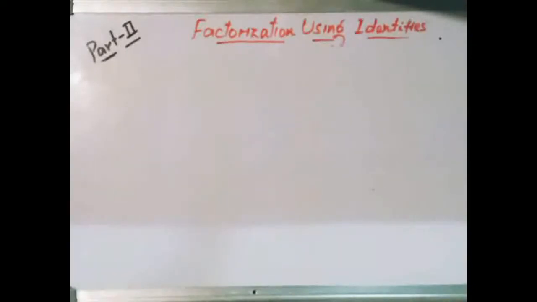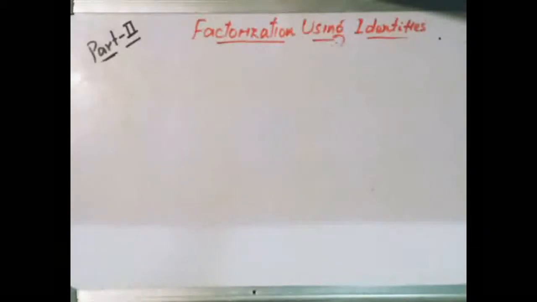In this part of the same topic, we will talk about another identity that also helps us with some different kinds of algebraic expressions. But before that, I have an example for you.